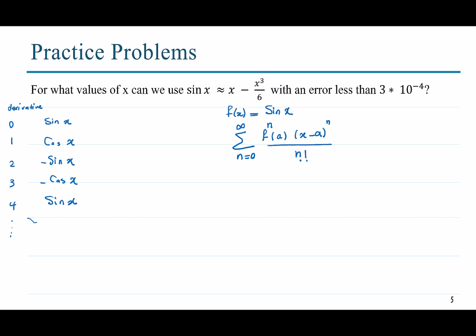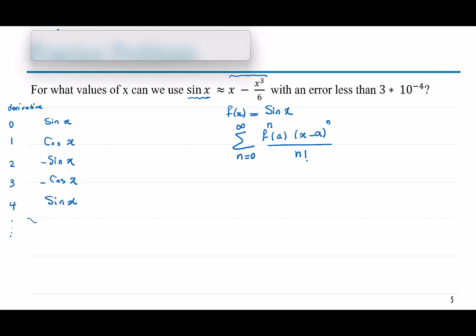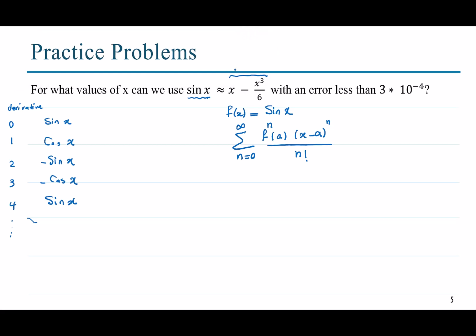This is how we found the Taylor series. So now we try to find the derivative at point a. What is my point a? How do I find out? If I'm finding sine of x, and these are my polynomials, because I have x minus 0 here and x minus 0 to the power of 3, my a is 0.